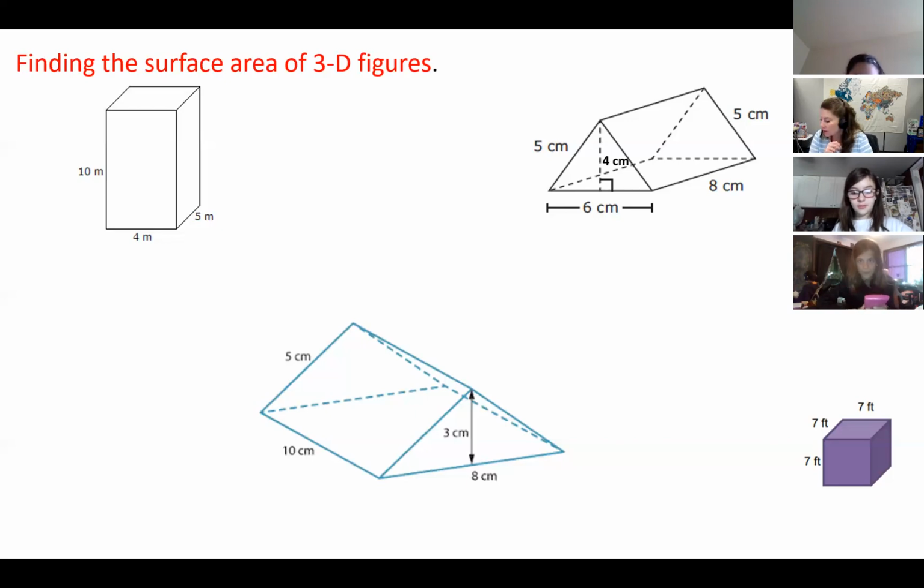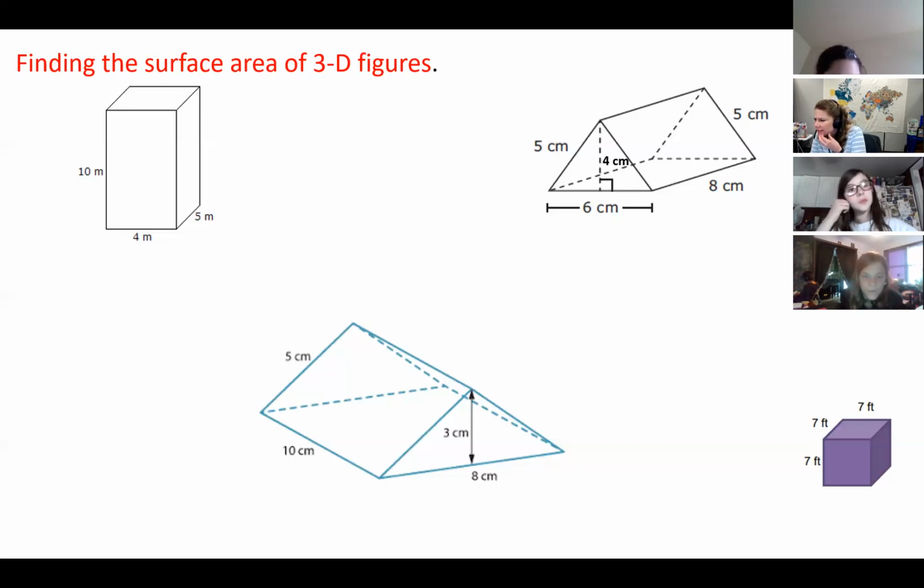Allie, are you doing the one on the bottom? You can unmute, silly Willy. I solved the one below the question, the 10, 4, and 5. No, we've already done that one, Goofy. We're doing the bottom one.